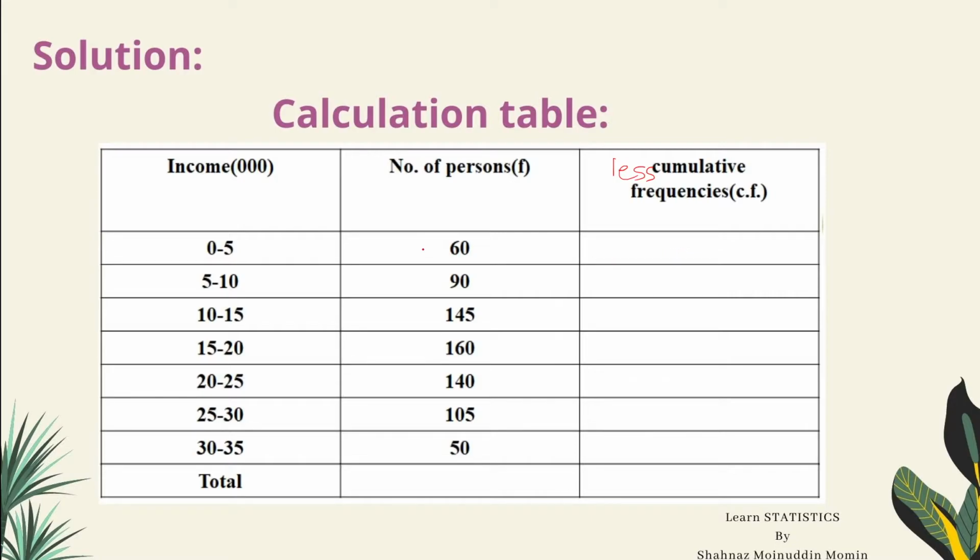Write down first frequency 60 as it is. Second one is the addition of first two frequencies, 60 plus 90. It comes out to be 150. For the third class, add first three frequencies, 60 plus 90 plus 145.